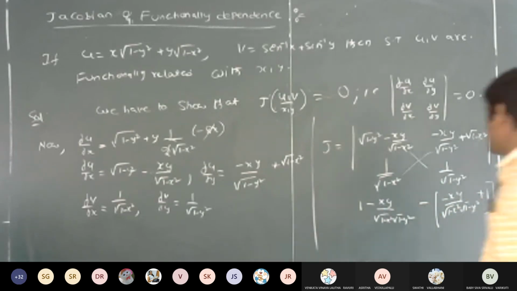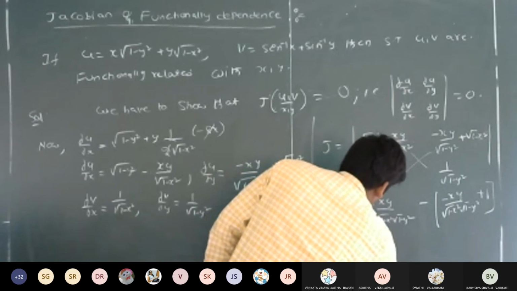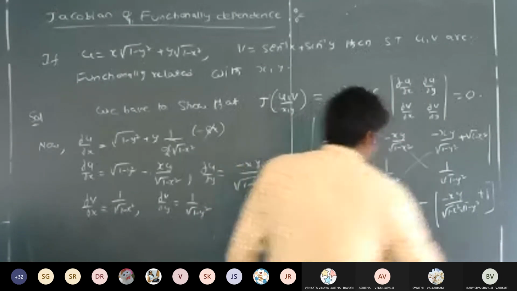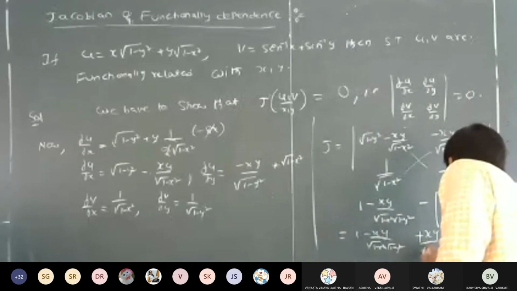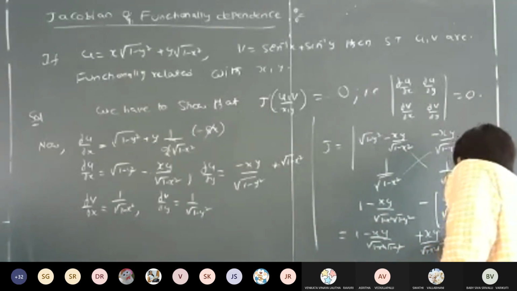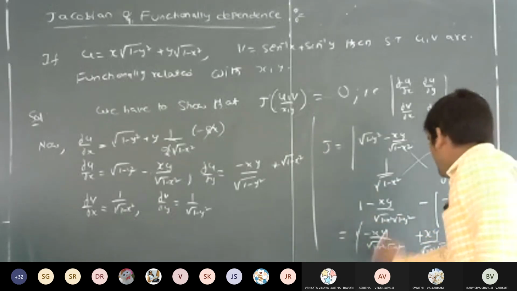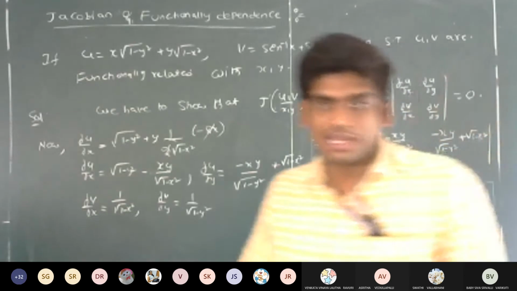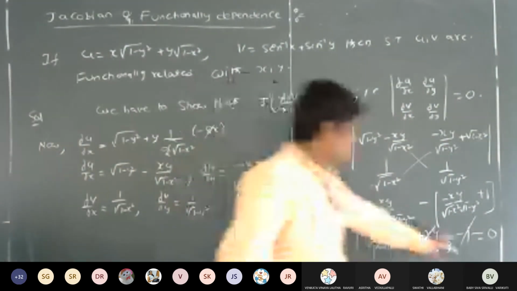So you simplify this: it is 1 minus xy by root over 1 minus x square into root over 1 minus y square, and here minus into minus is plus, so plus xy by the same. So minus 1 plus 1 and plus this, so this is equal to 0. So finally we are proving that the Jacobian value is equal to 0.